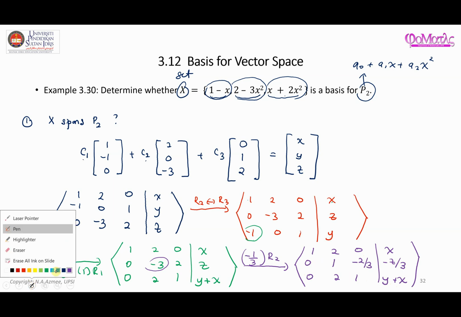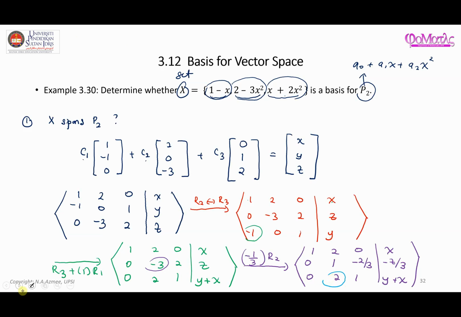next I shall consider having this value equal to 0. So the process that I need to consider here is R3 plus negative 2 R2, okay, and the result that I shall get is 1, 2, 0, x; 0, 1, negative 2 over 3, negative z over 3; and for this part here I shall get 0, so 2 minus 2 is 0, 1 plus 4 over 3, so that will be 7 over 3.